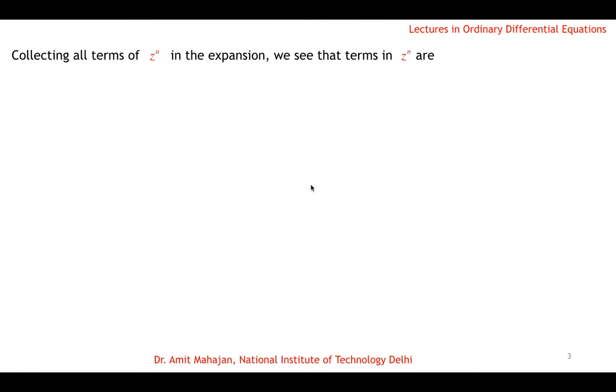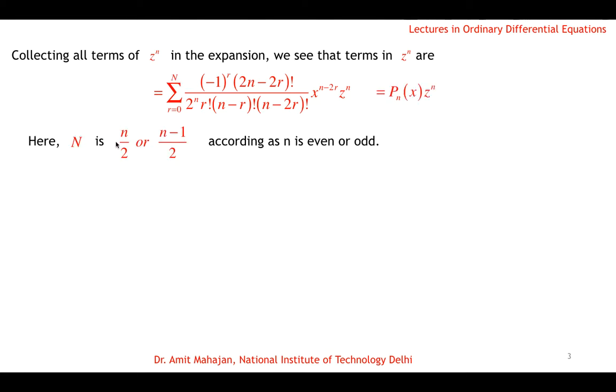So if we collect all the terms of z power n in the expansion, we see that the terms in z power n are that term we said, with r value varying from 0, 1, 2 and so on up to some capital N, where this capital N is n by 2 or n minus 1 by 2, depending upon n being even or odd.